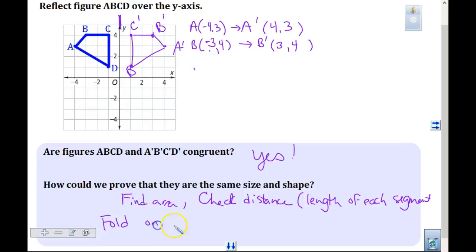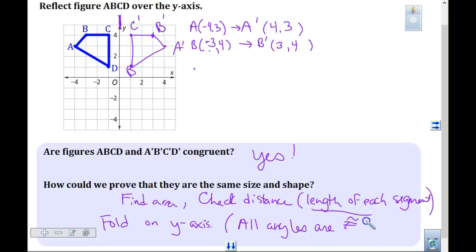Fold on the y-axis. So what else besides the length of each segment being the same, what else would have to be the same for it to be congruent? What other thing do we maybe kind of look at, Elena? The height. Well, those heights, there's something else. The angle. The angle. So we want to make sure the lengths of each side is the same, and we want to make sure the other key thing is that all the angles are the same measure, are congruent or equal.